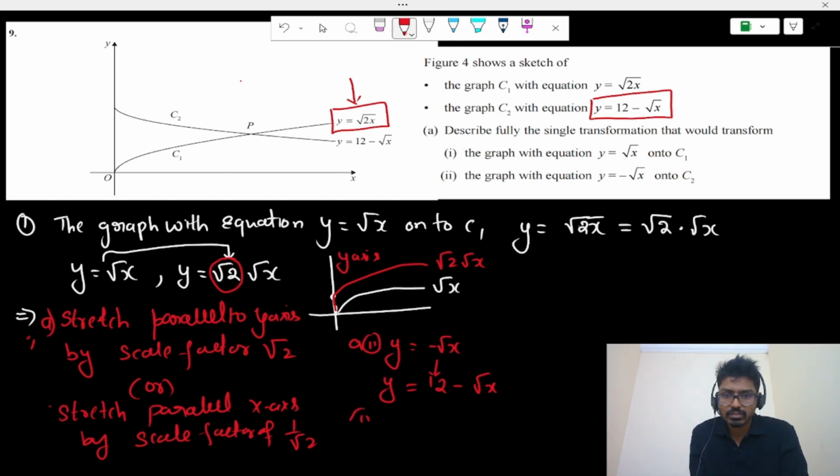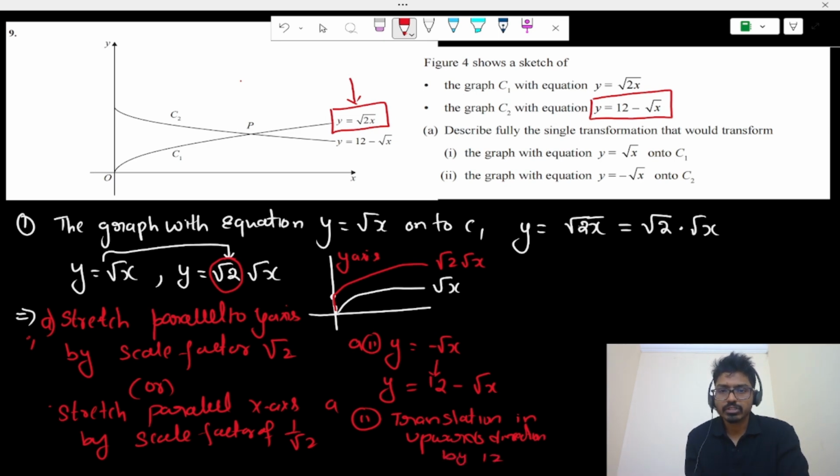So we can write our answer as a translation in the upward direction by 12. In vector form, that is translate by the vector (0, 12).